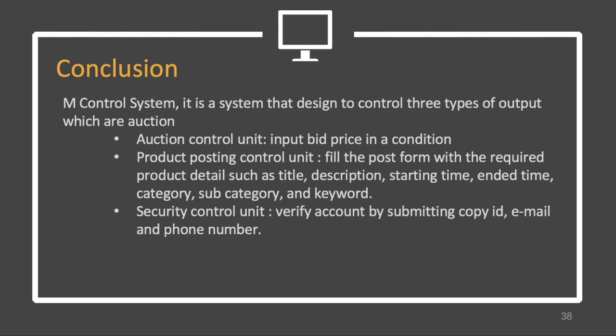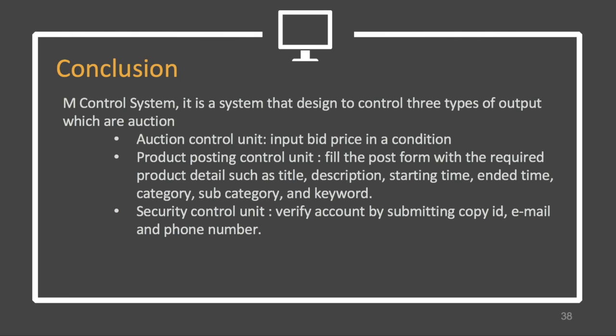So we found several problems that I told you about before, and we created the M-Control system to solve the existing system's problems. It is a system designed to control three types of outputs. The first one is the auction control unit. It means inputting the bid price under a condition. The second one is the product posting control unit.